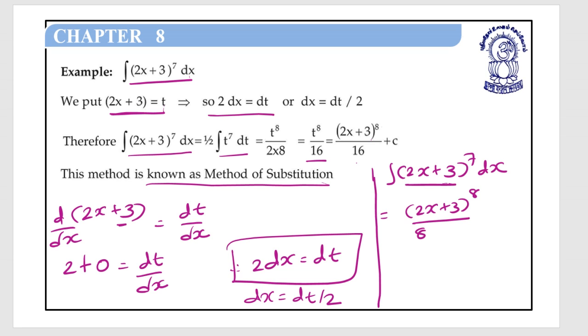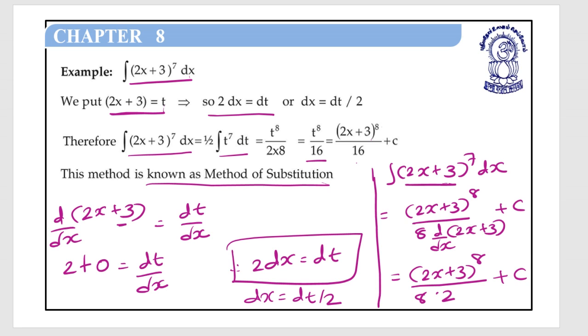And this is not the standard form, so you have to take the differentiation d by dx of (2x + 3). So (2x + 3) raised to 8, 8 times differentiation of 2x which is 2, 8 twos are 16. So you will get the same answer, (2x + 3) raised to 8 by 16 plus c.